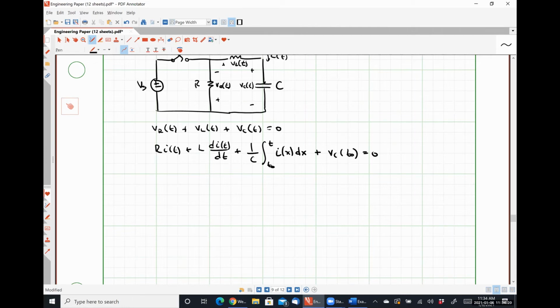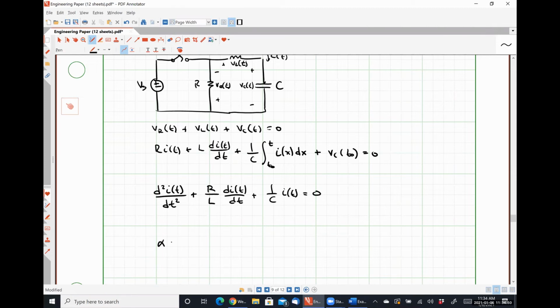So we're dividing both sides by L. This gives us the second derivative of I with respect to time plus R over L times the first derivative of I with respect to time plus 1 over LC times the current is equal to 0.